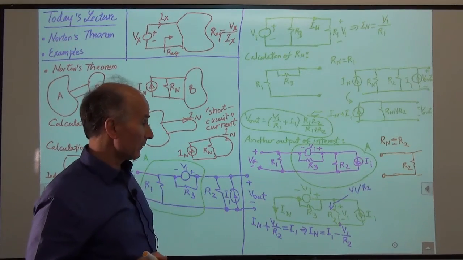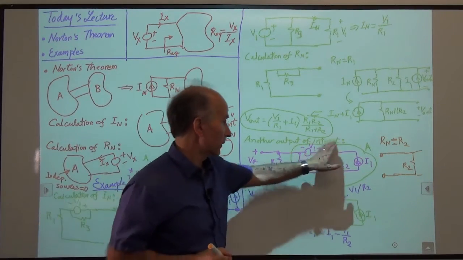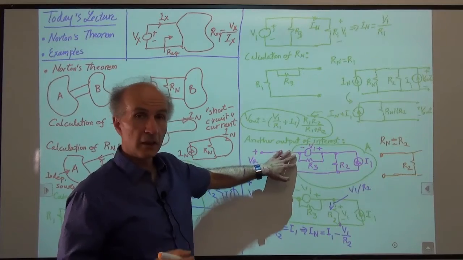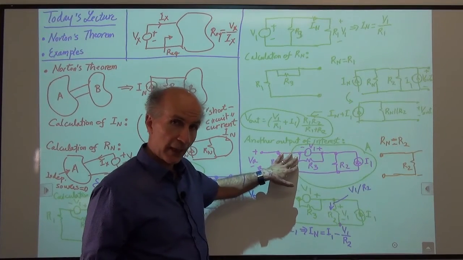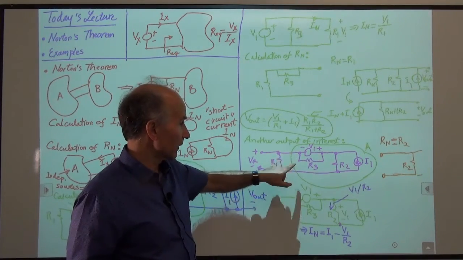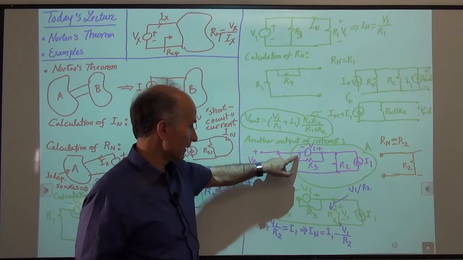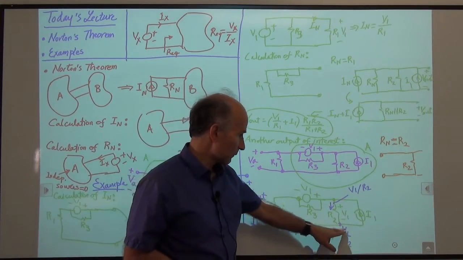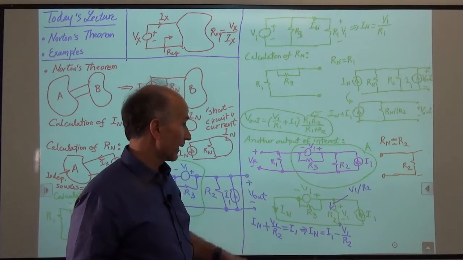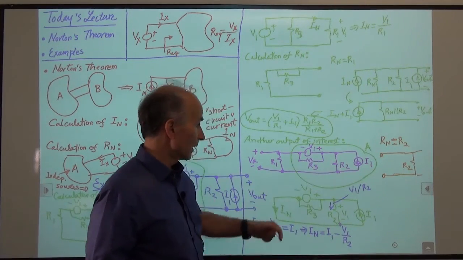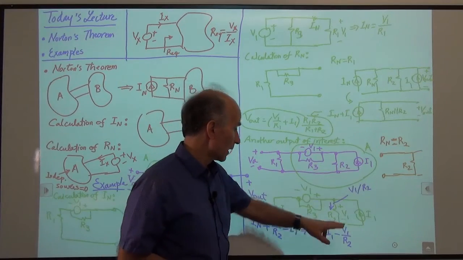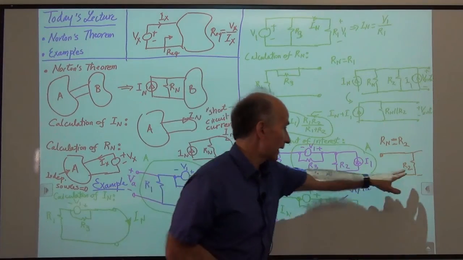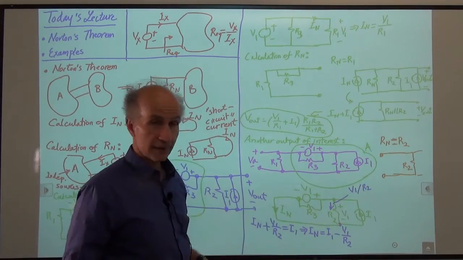Okay, so in summary, what has happened is that because I called this my green box, my section A, it turned out that the short circuit current that we measure is given by I1 minus V1 over R2, and the resistance is equal to R2. I just need to put this current source and that resistance in parallel.